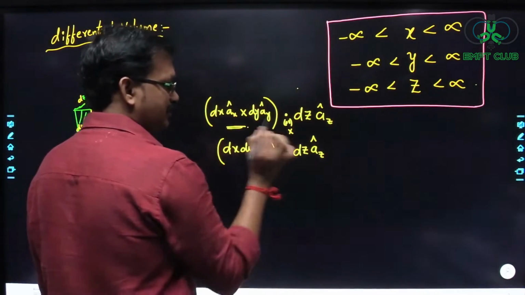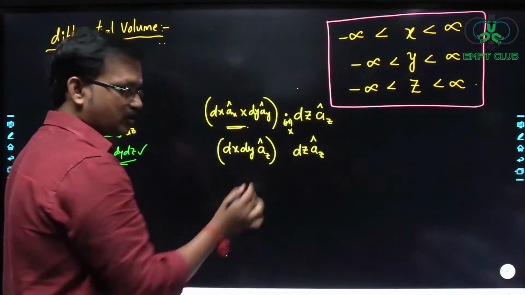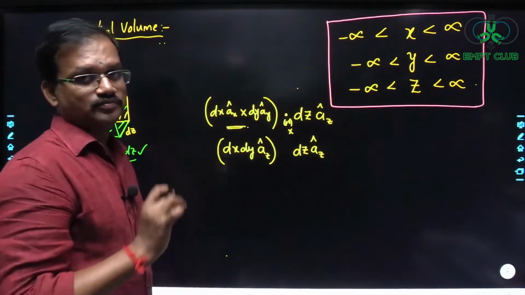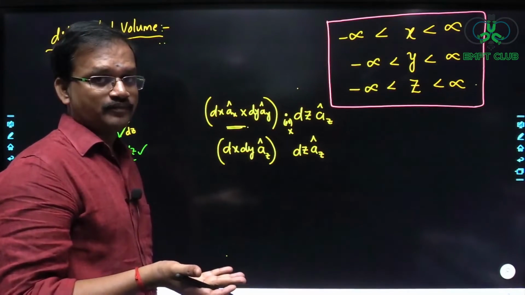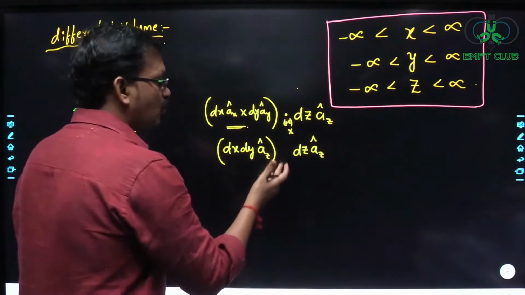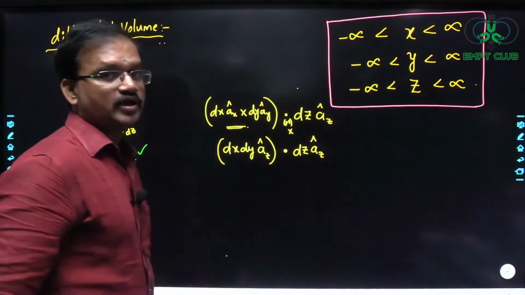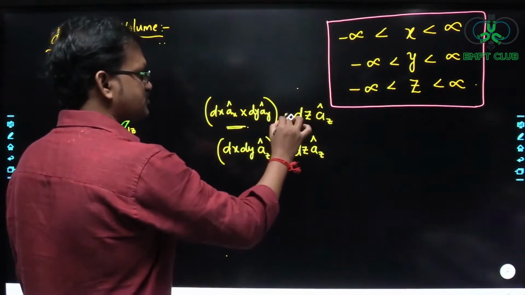If you do the cross product here, az cap cross az cap will become 0. That means the volume you are getting is 0, which is wrong. So what you have to put here? It must be dot product.